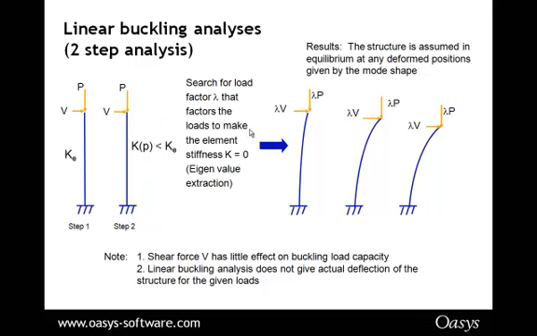Note that this horizontal load will have some but not much effect on the buckling capacity, but because it's linear and the equilibrium is found in the original undeformed shape, this deflected value is not really crucial. The deflected shape is crucial, but not how much it's moving.